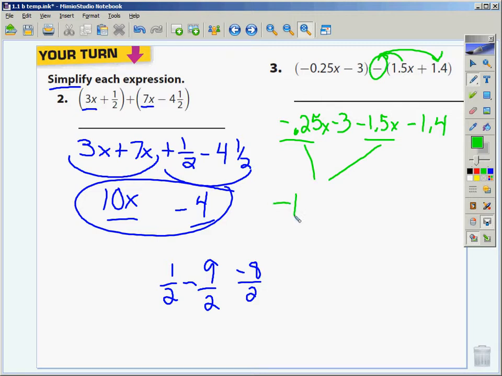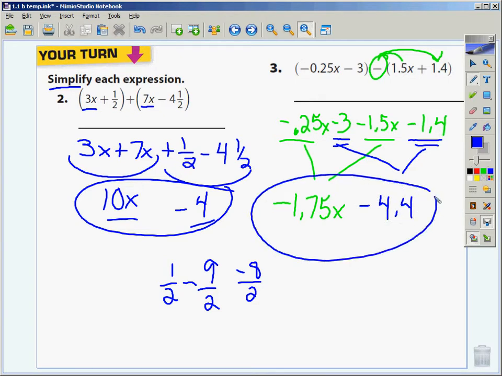Negative 1.75x. Negative 3 and a negative 1.4 would become what? Negative 4.4. Can I put x's together with just numbers? No. That is my answer.